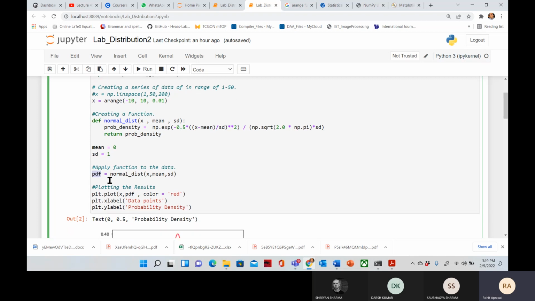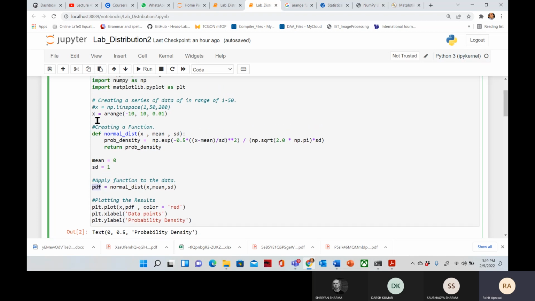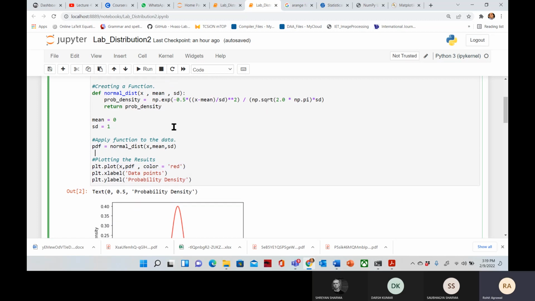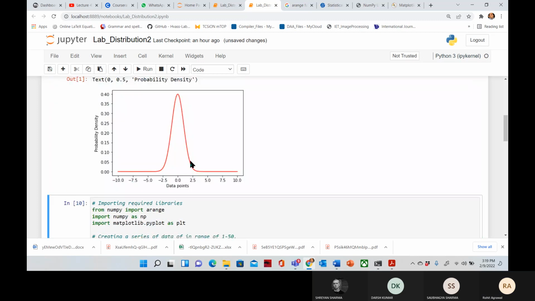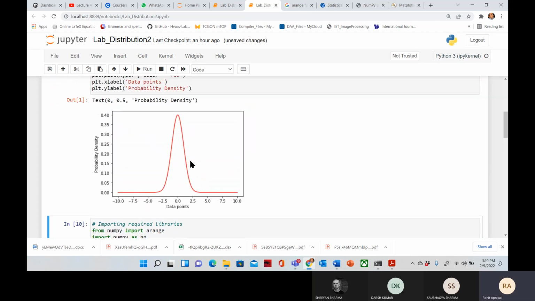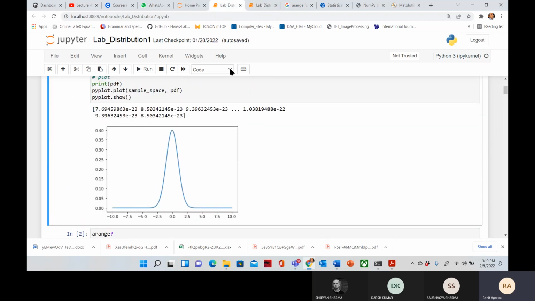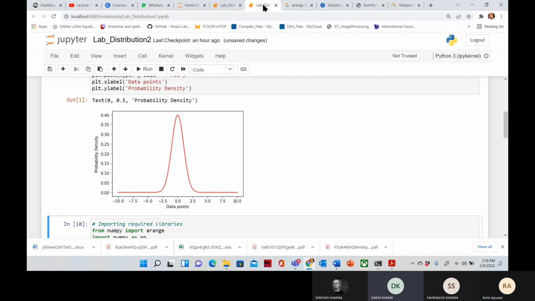Now we plot the graph between x and the PDF. See the result. Just compare this result with the one we obtained before. Both are the same, I think. Yes, sir.